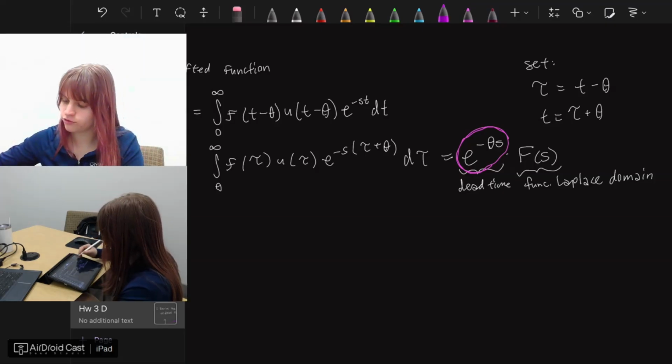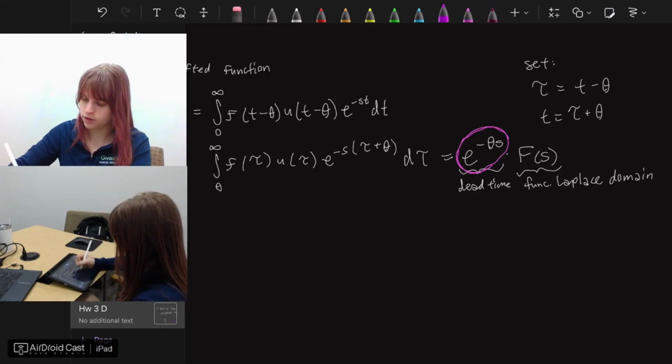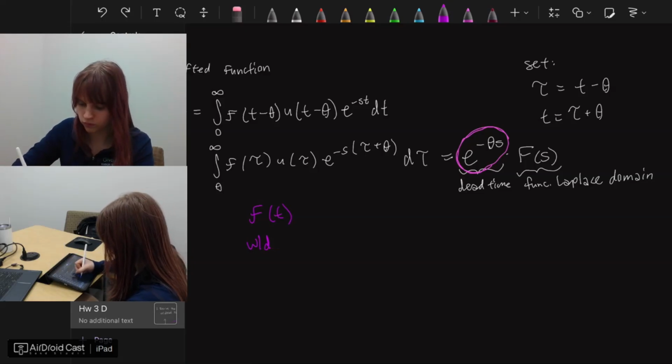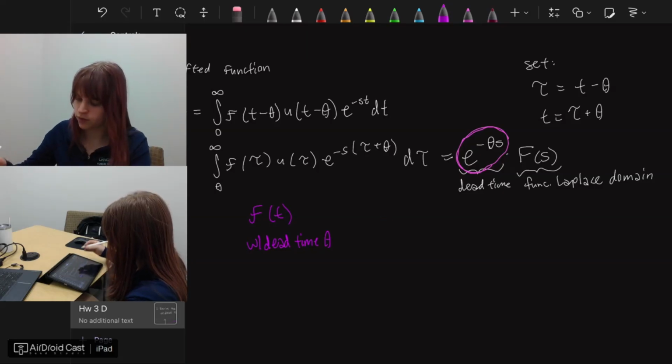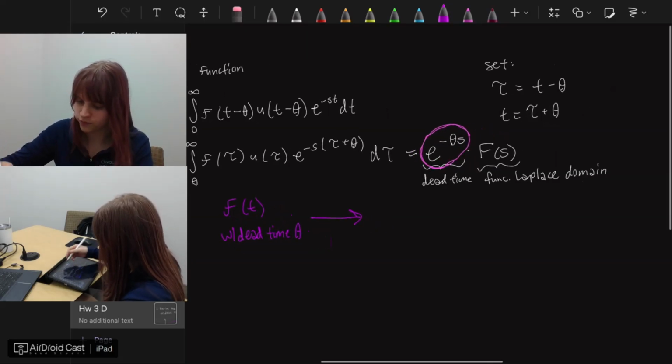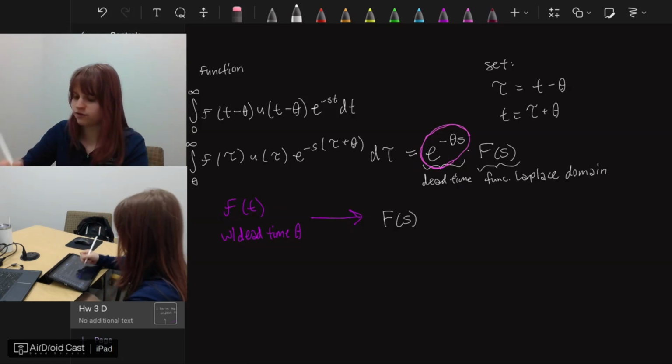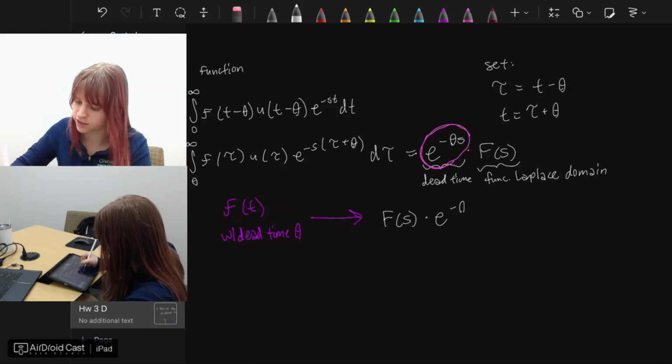So for a general function f of t with dead time theta, we're left with F of s, so that's in the Laplace domain, times e to the negative theta s.